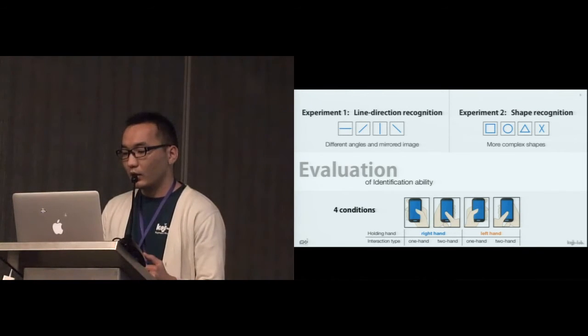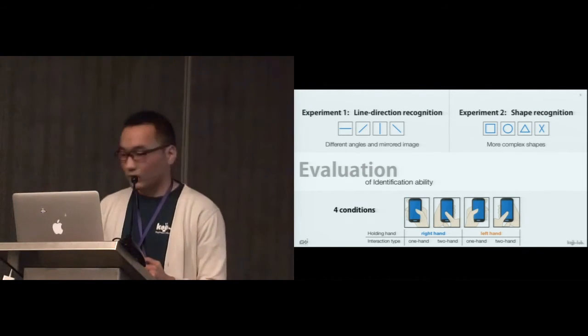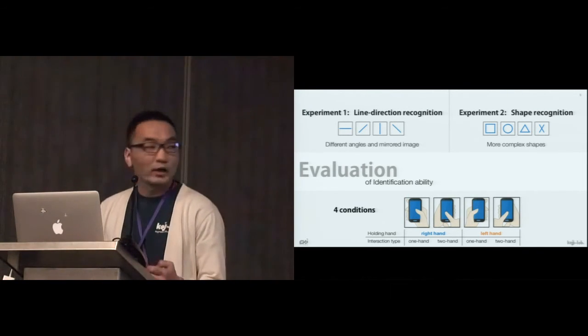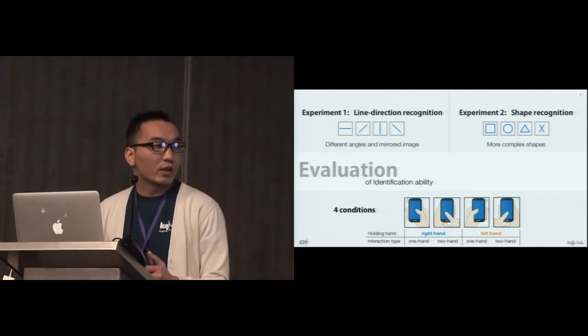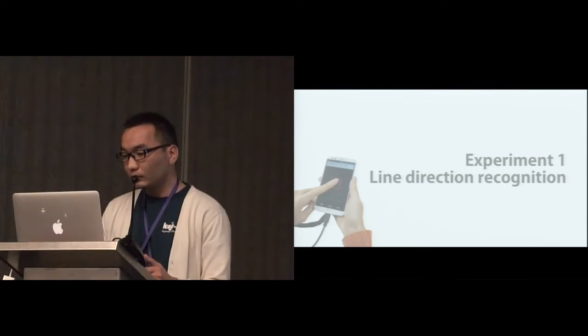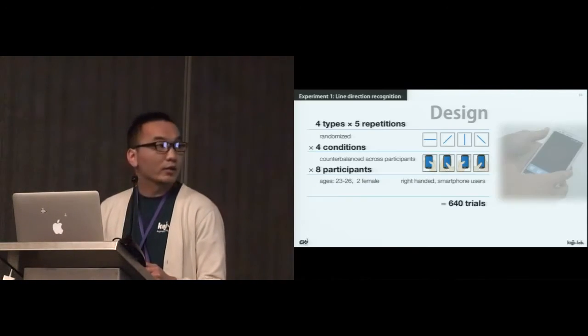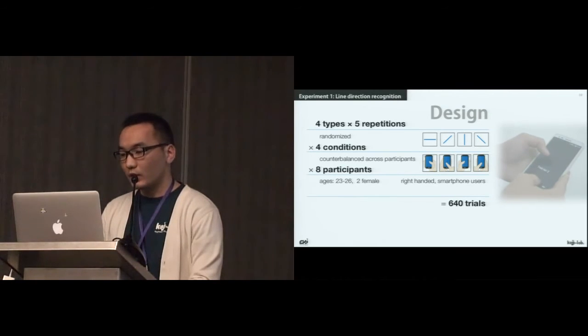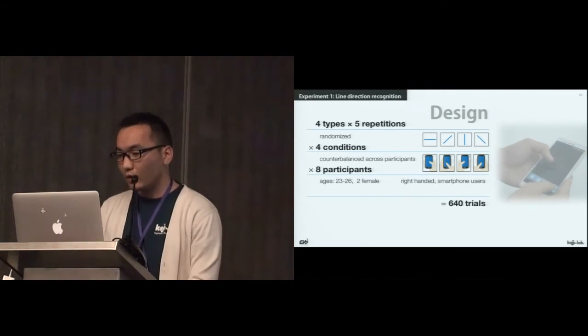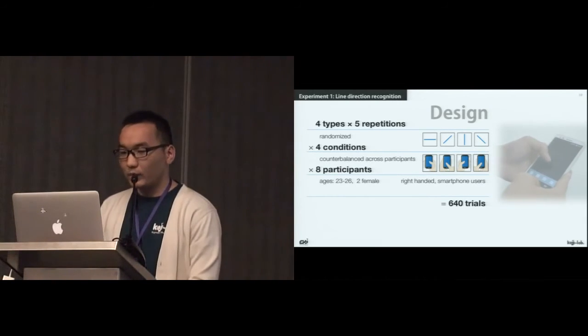The conditions were using the device with one hand or both hands, and holding the device with the right hand or the left hand. Now, experiment 1. Here's the experiment design: 4 types, 5 repetitions, 4 conditions, and 8 participants.